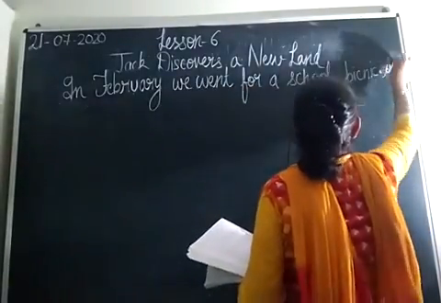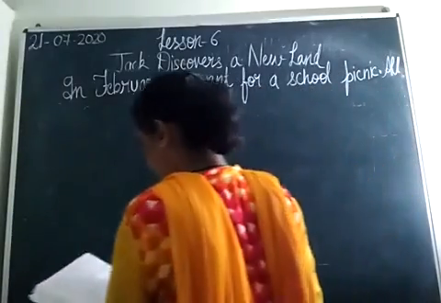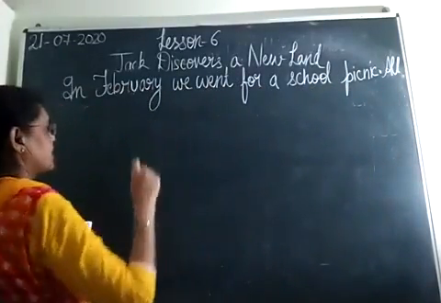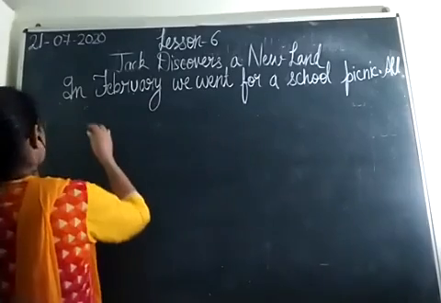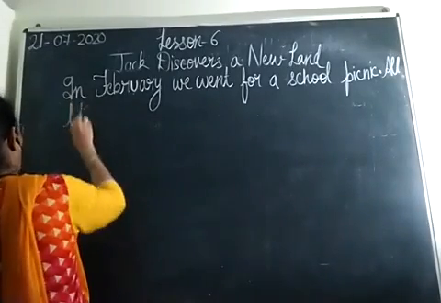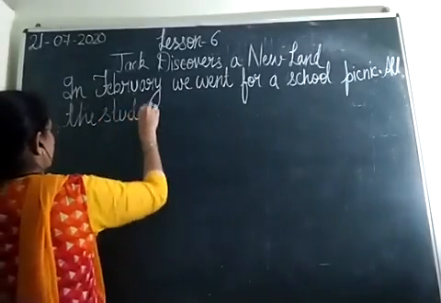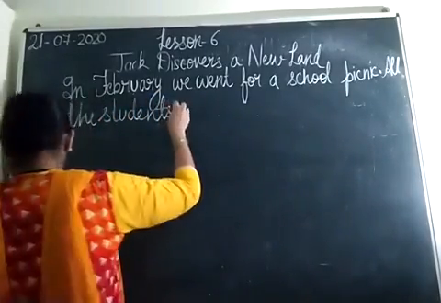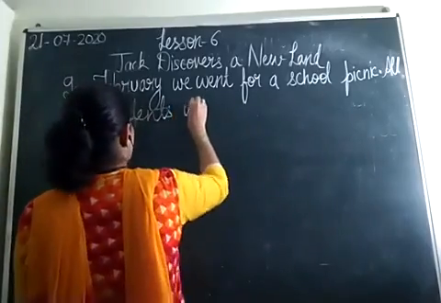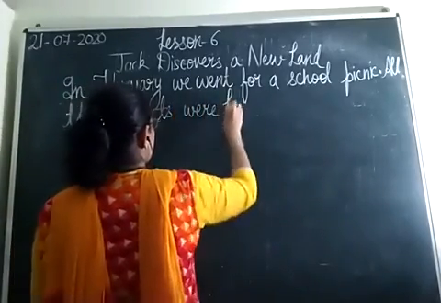After that, All, A-double-L, with a capital A because we are starting after a full stop. Now the next sentence: All the students were happy and excited.